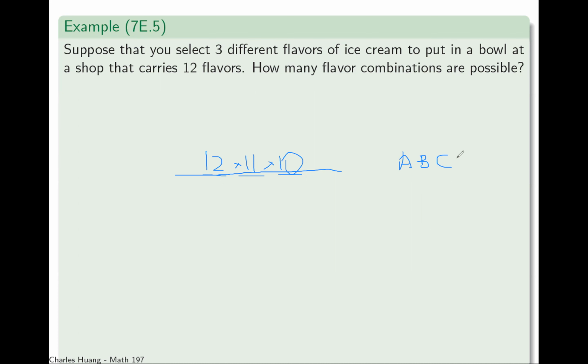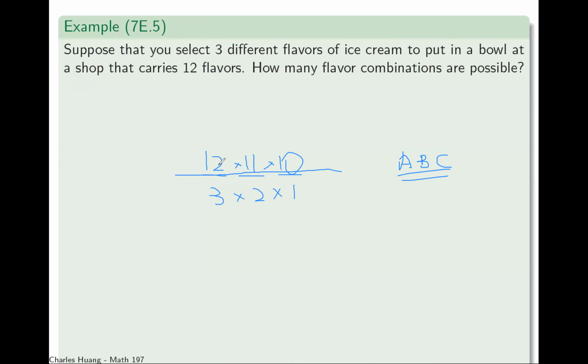So with these 3 flavors, I can have any of these 3 first, and then two left for the second spot, and I have 1 more in the last spot. The product is equal to 6. That tells me each combination, ABC, there are 6 different ways of organizing them. And we want to divide that.